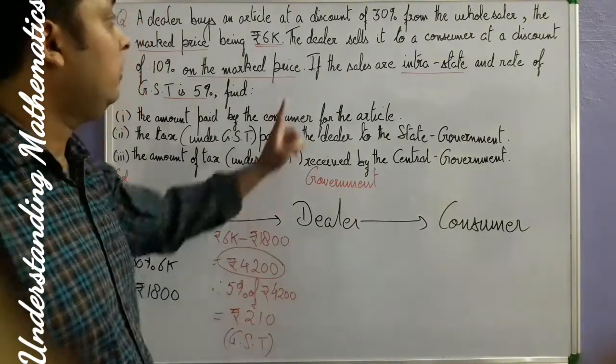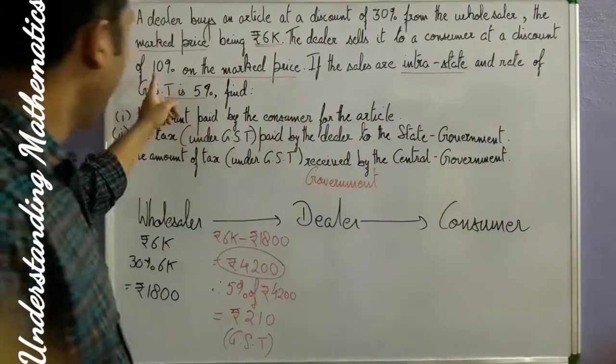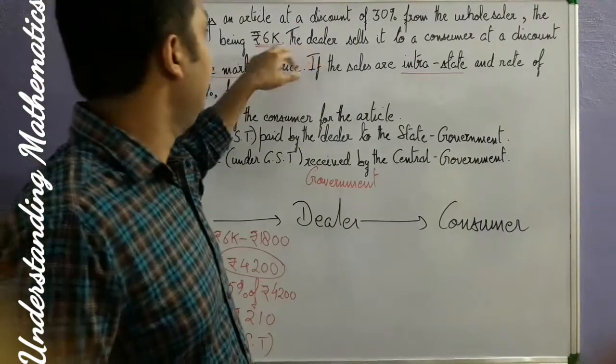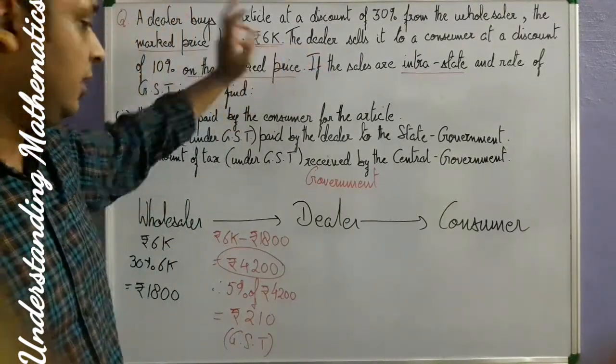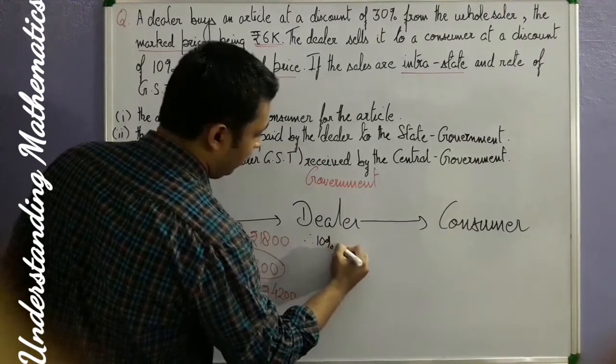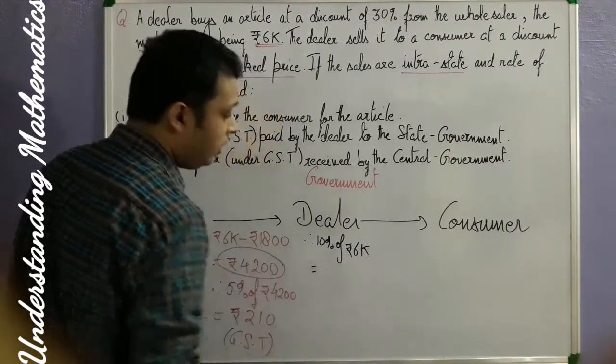Now the next part of the question says the dealer sells it to a consumer at a discount of 10%, again on the mark price. So what is the mark price? Mark price is rupees 6,000. So therefore 10% of rupees 6,000 is how much?